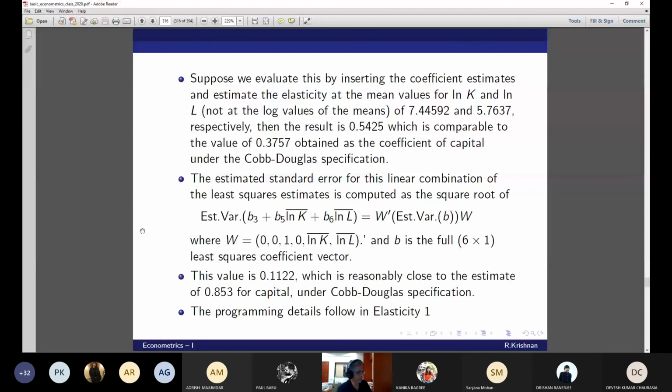Is it anywhere close to it? There are a lot of problems with this output. The programming details follow in elasticity 1.